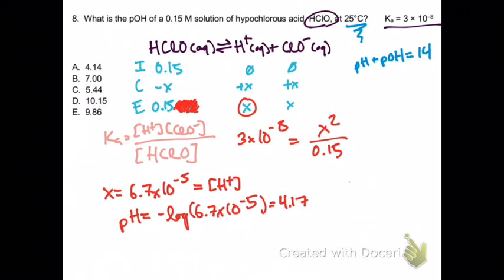So we'll take this value and subtract it from 14, and we'll end up getting that the pOH, which is what we're solving for, is equal to 9.83, which, well, close enough, equal to E.